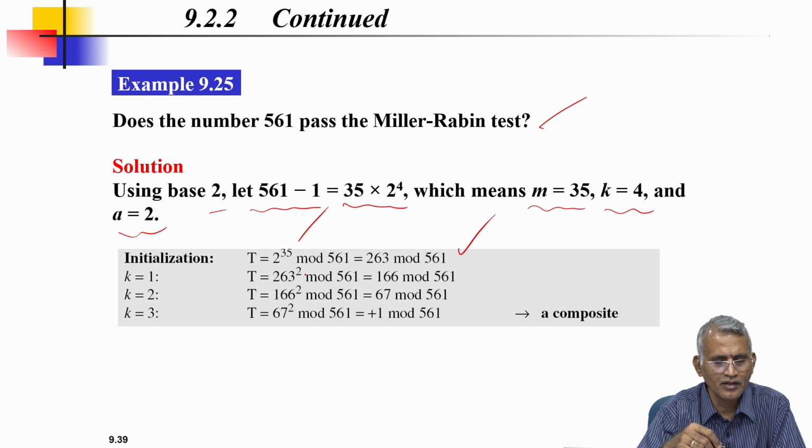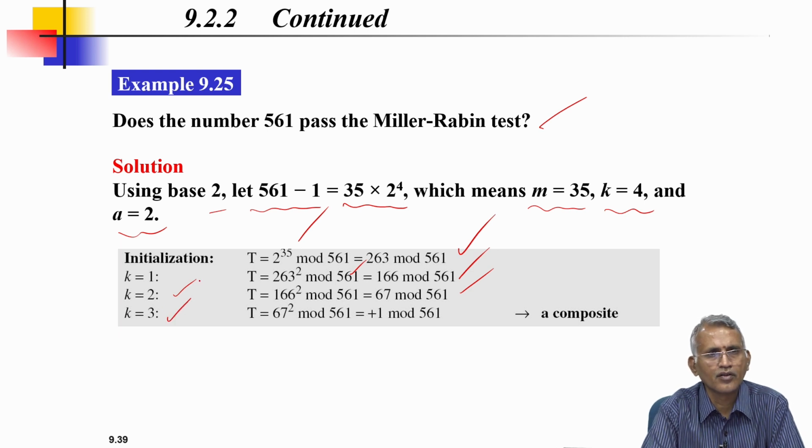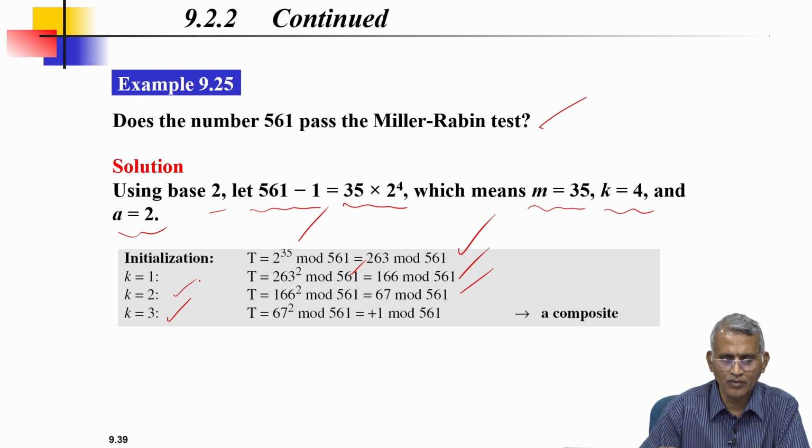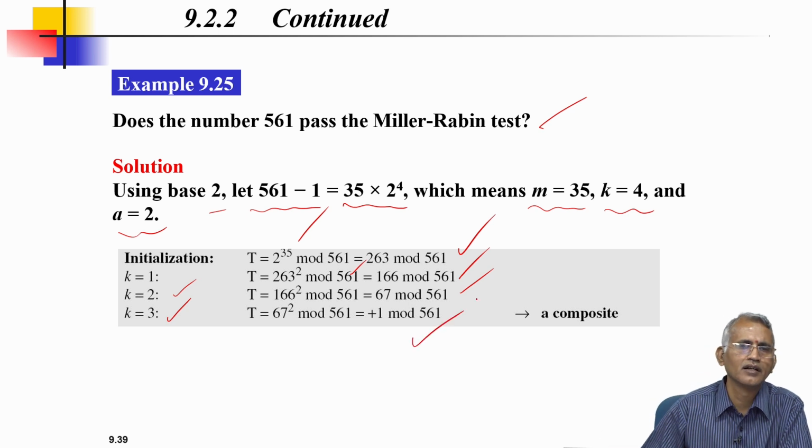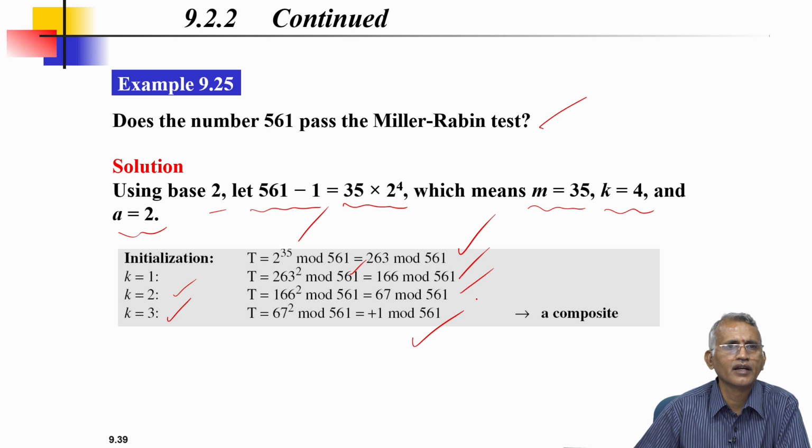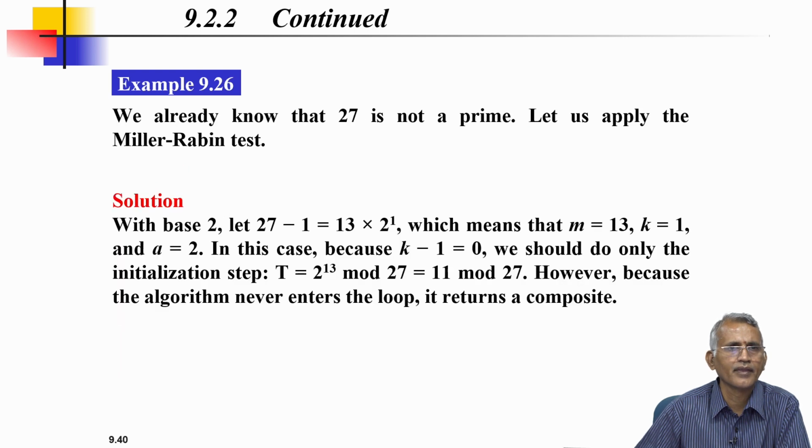When k equals 1, t equals 263 square under modulo 561, so 166 under modulo 561, and k equals 2. We have t equal to 166 square under modulo 561, which is equal to 67 modulo 561. When k equals 3, t equals 67 square modulo 561, equal to 1 modulo 561, which is a composite. So, this way we can apply the Miller-Rabin test.